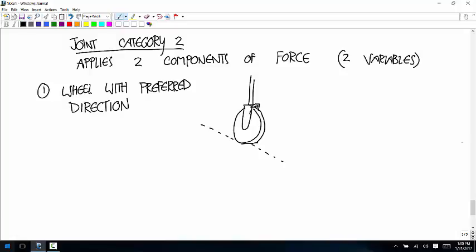And I'm going to choose my axis directions to be X along that path of motion, Y up, and Z perpendicular. So a free body diagram.